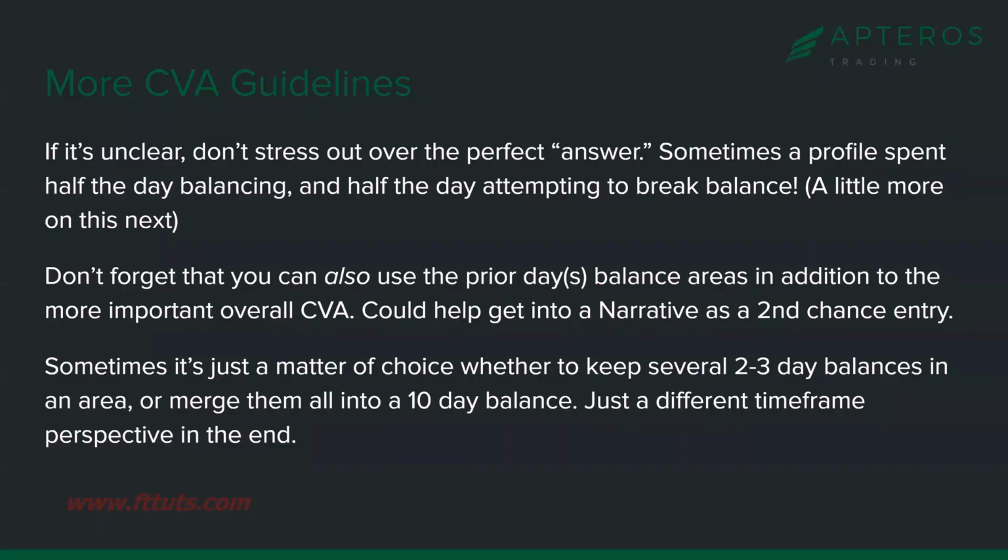It can help you get into a narrative as a second chance entry. What do we mean by that? We have a 3-day CVA, and I'm going to show you what the third day of the CVA looked like. Maybe it was like this. What if you don't get this trade? It didn't exist, right? It didn't look like that, whatever. Well, guess what?